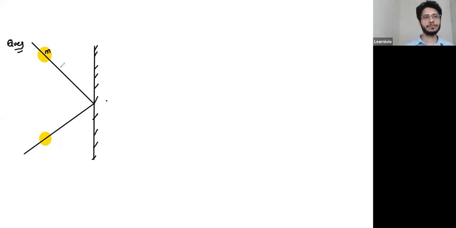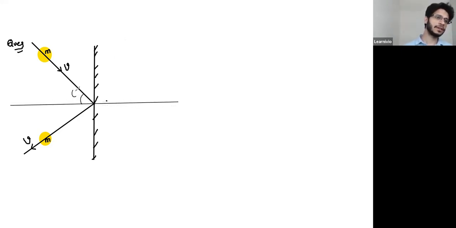This is mass m, moving with a velocity v. It rebounds with the same velocity. Let's call this angle theta.